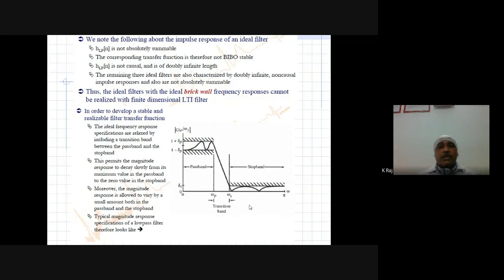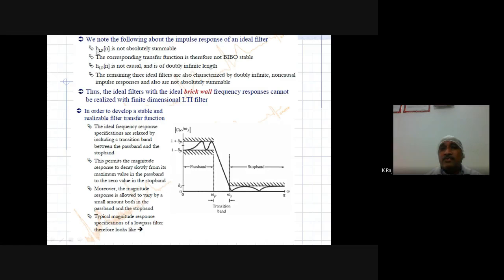Now during the approximation in the designing of the filter, we will find h_LP[n] is not absolutely summable because it exists for infinite duration.